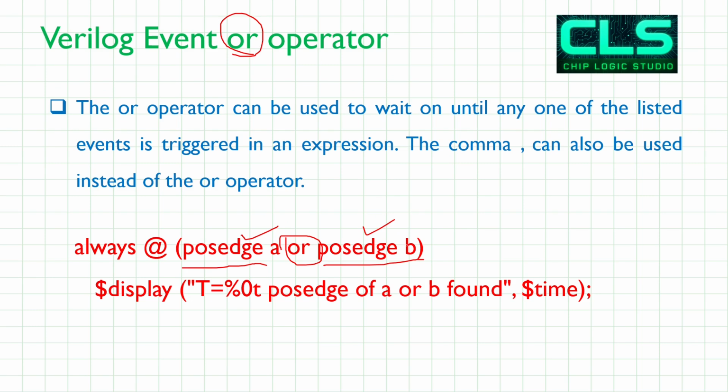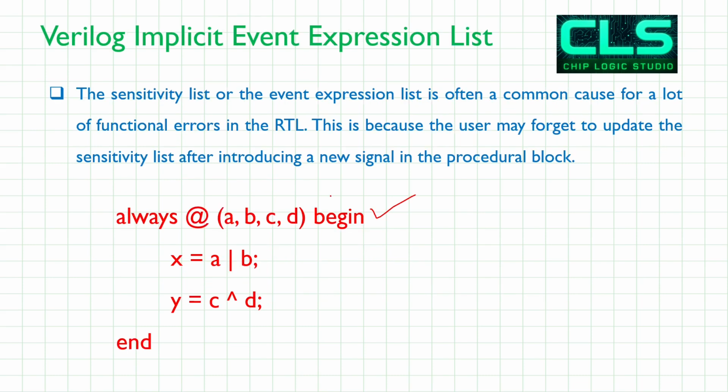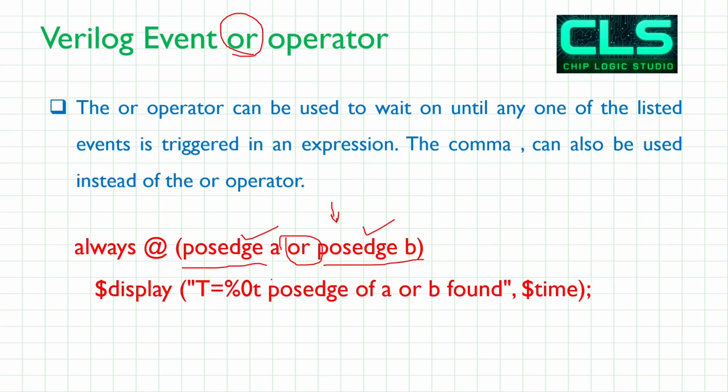Here it is asynchronous, and it is a flop or sequential circuit. Triggering event is there; here we are using a triggering event. Here the implicit event expression list is the sensitivity list, meaning whenever the inputs a, b, c, d are changing, it will execute. So this is creating a combinational circuit and this is creating a sequential circuit.